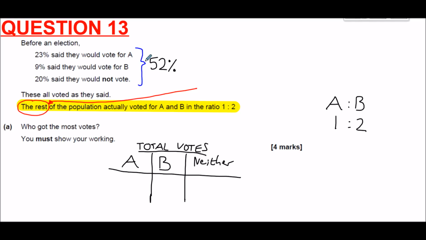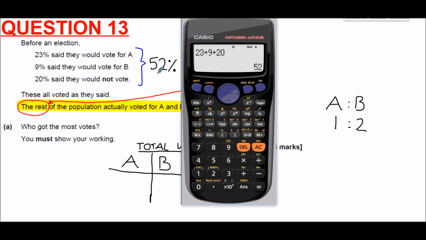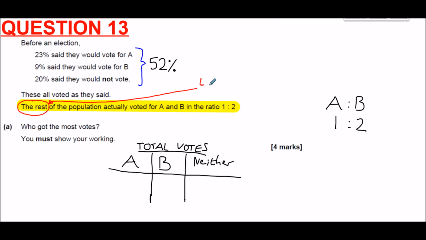If 52% voted like they said they would here, 100% is everybody, so how many percent are left? It's 100 take away 52, which should be 48. And so the remaining 48% of people must have voted for A and B in this ratio. So one lot of people voted for A, two lots voted for B.